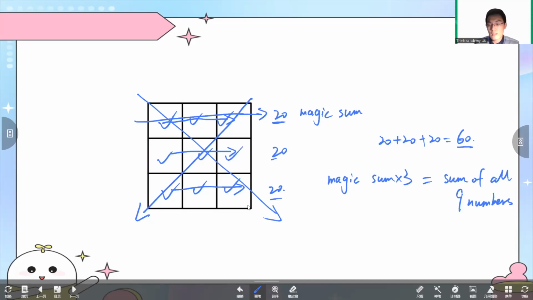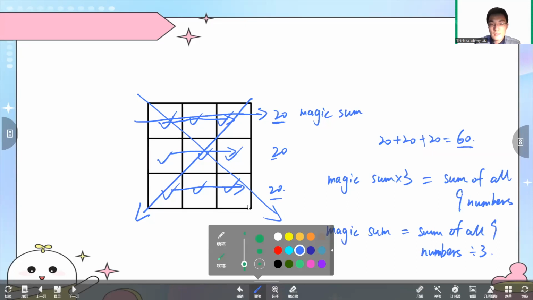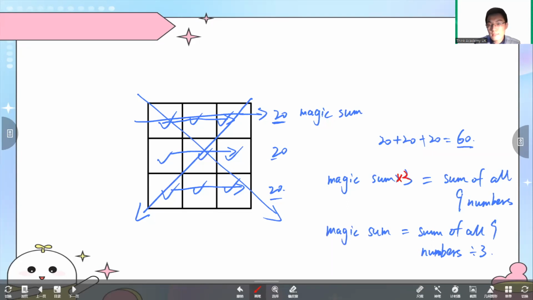And in reverse, the magic sum equals the sum of all 9 numbers, and I'm sure most of you have already got the answer, divided by 3. That is correct. I'll write it in red. So this is multiply 3, and this is divided by 3. So knowing this relationship will enable us to calculate some magic square questions.